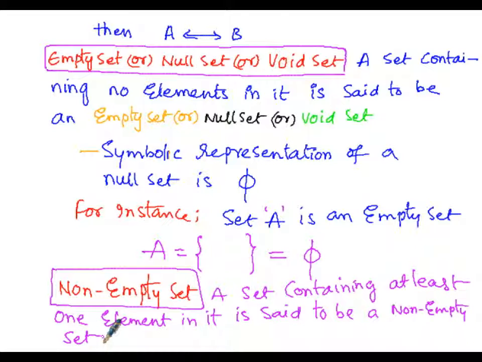Whereas here it is not equal to phi. For instance, I will be taking one example: set B is a non-empty set.